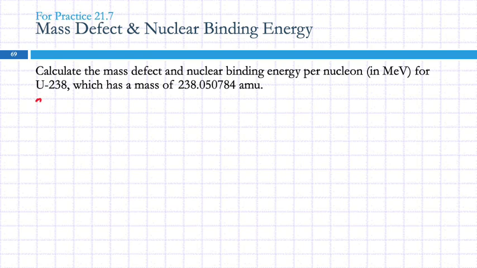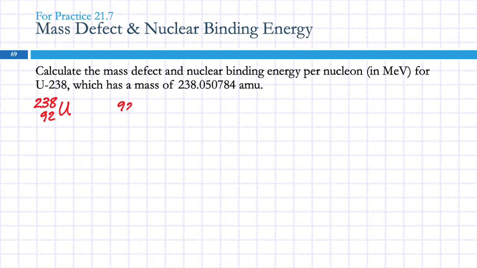So uranium-238, the mass number is 238. How many protons are there? 92. We find that from the periodic table. It's element number 92.